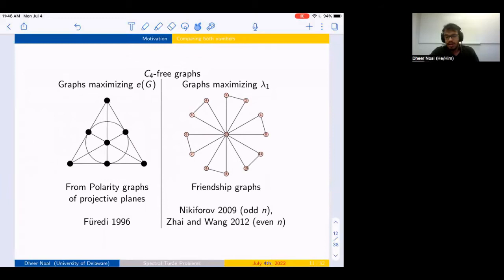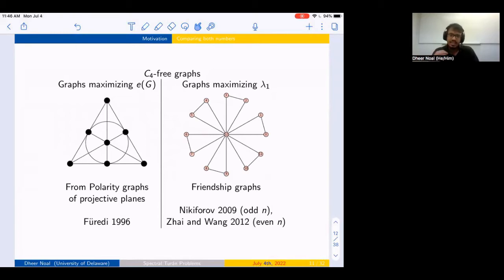All right, so we might feel that maybe the two problems are the same till now because their extremal families have been the same. But as an example, when we're forbidding C4, the spectral radius is maximized by the friendship graphs, which are k triangles intersecting at one unique point.